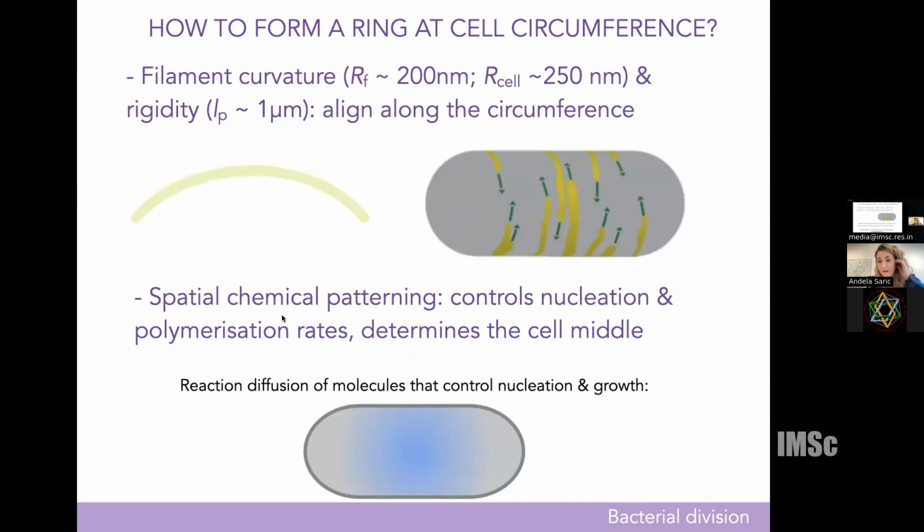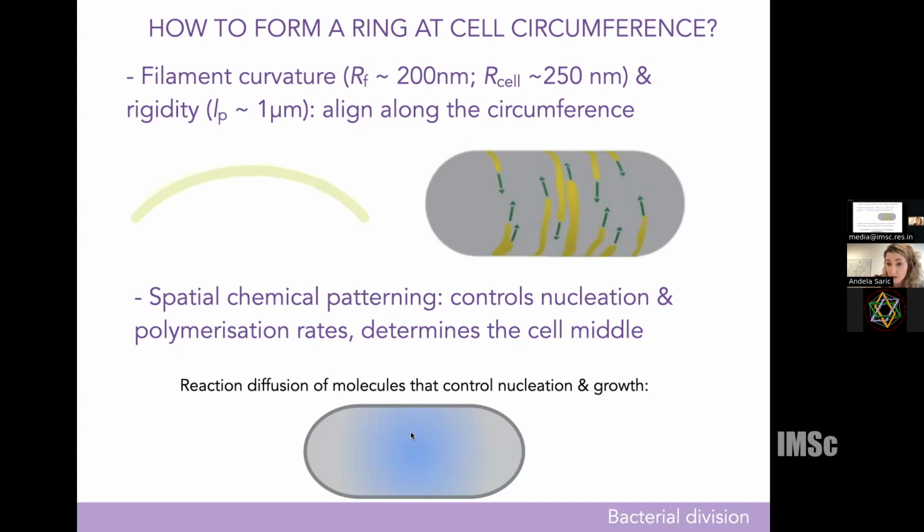In Bacillus it's like nucleoid occlusion. But basically, that's believed to be how the cell measures its size. There's an underlying reaction diffusion going on, and there is a standing wave when the cell is of a certain length, and that effectively prevents nucleation of the filaments at the poles and tells the ring to form in the middle. So it's a chemical signal, but then alignment happens through this treadmilling.